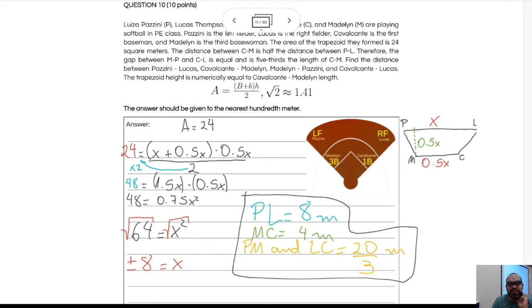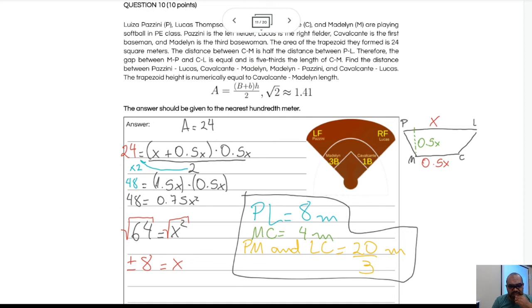And plug that information in the formula. x plus 0.5x times 0.5x divided by 2, as you see here, equals 24, because 24 is the area we have already. We know this area is 24 square meters.